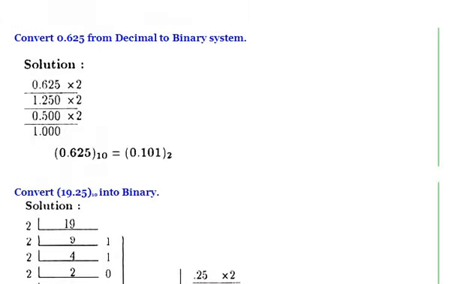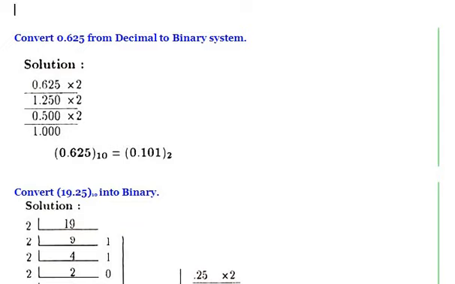This video is exclusively for things which have fractional parts, like 0.625, you want to convert it into binary number system. Decimal to binary: in the previous example, divided by 2, and here multiplied by 2. The fractional part multiplied by 2. 0.625 multiplied by 2 is 1.250.